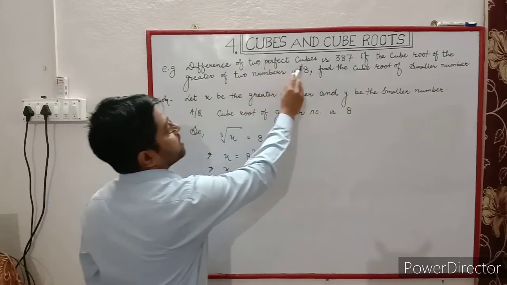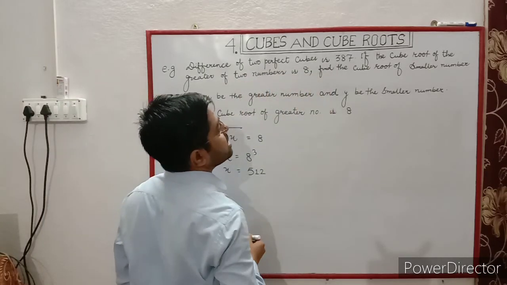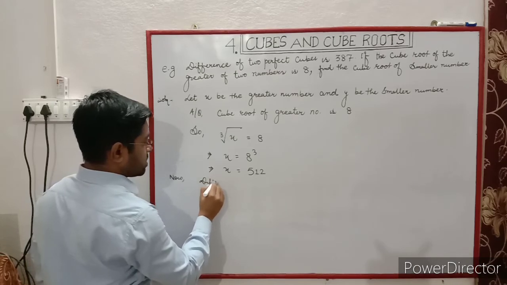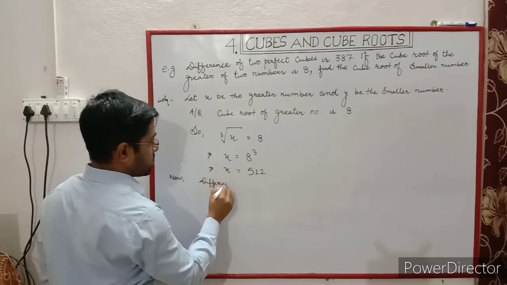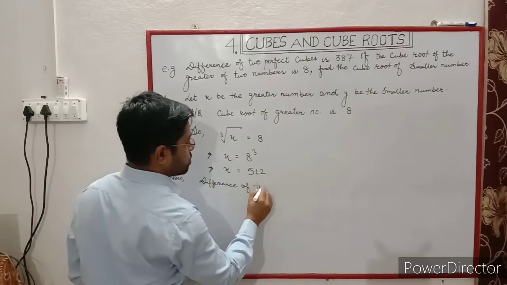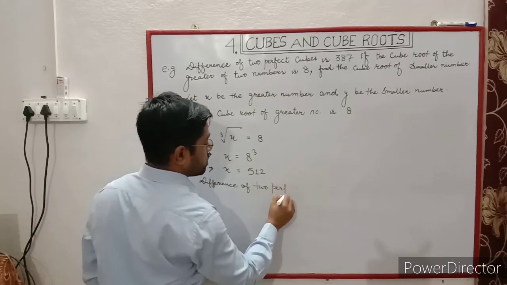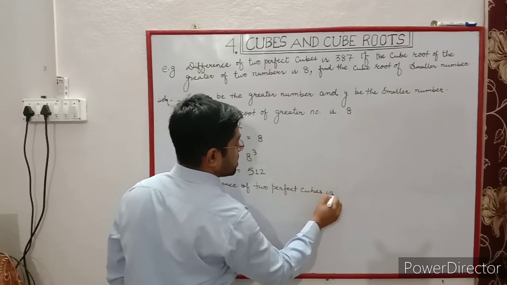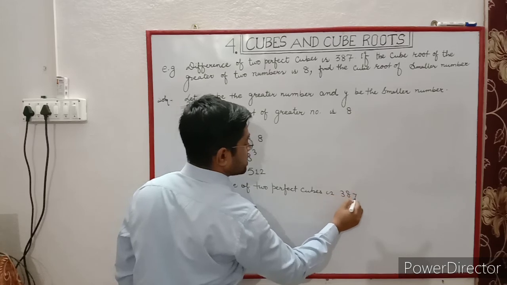Now difference of two perfect cubes is 387.